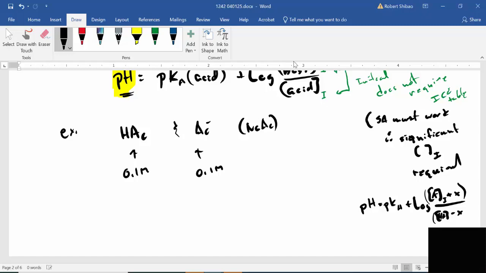So in order for this to simplify just into the initials, we have to use the simplifying assumption. So the assumption's got to work. Therefore, we get pKa plus the log of the A minus, which is the base initial, over the HA initial. So I'll talk about where this equation comes from later, but that's where the simplifying assumption comes in.